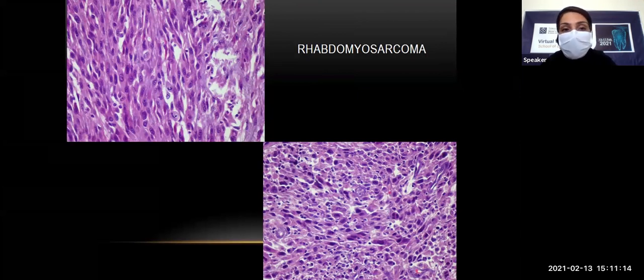And as you see in this slide, there was proliferation of spindle and oval dysplastic cells and a strap pattern in some areas, and numerous atypical mitotic figures, and also basal cells that by IHC, or immunohistochemistry study, with positive immunoreaction for MyoD1 and myogenin, we confirmed the diagnosis of rhabdomyosarcoma.